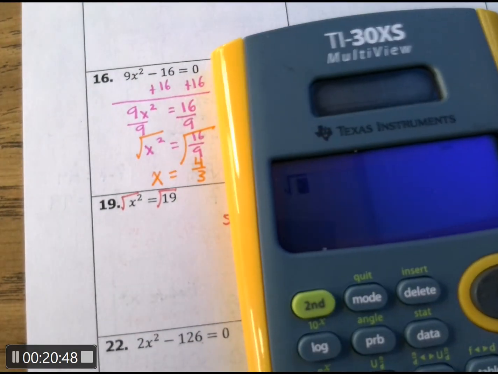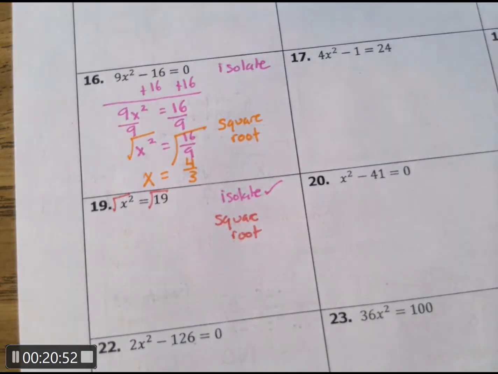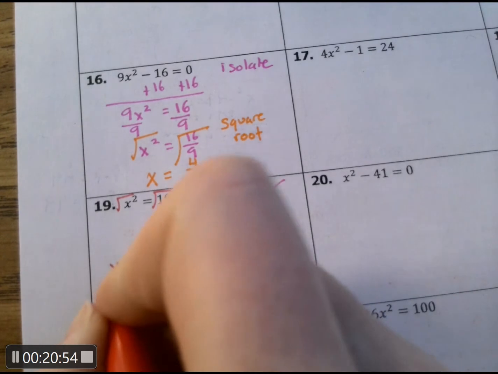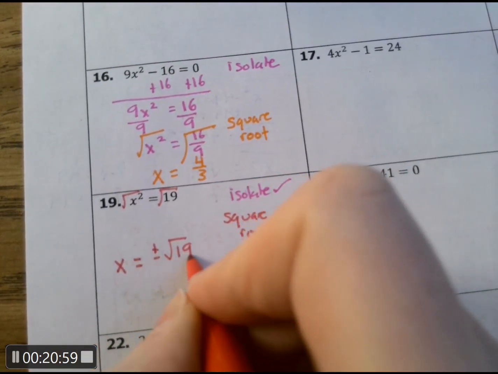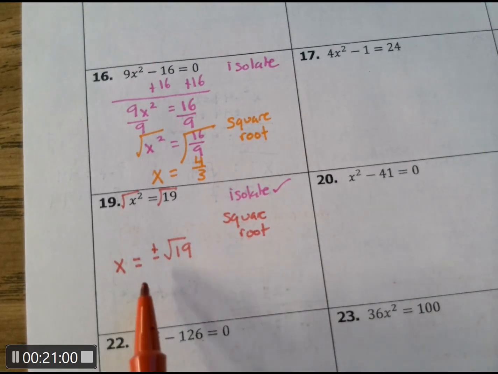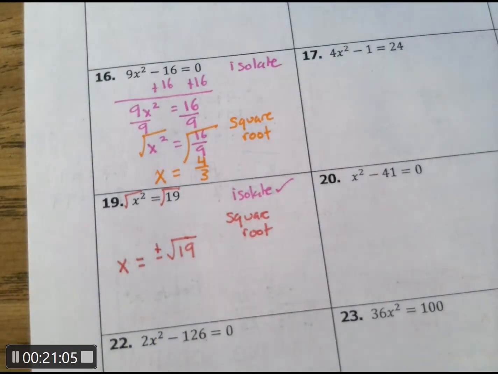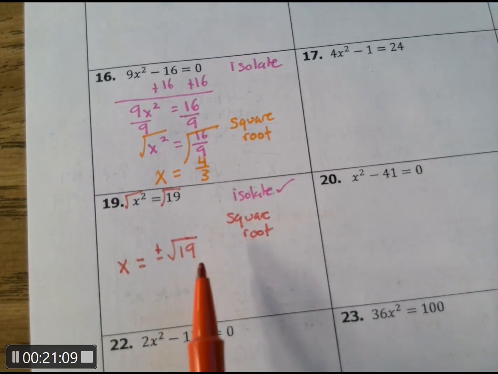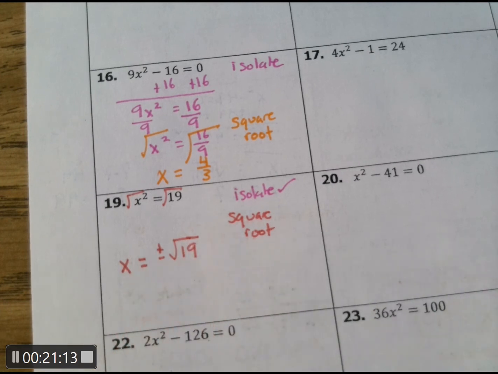So taking the square root of 19 is going to give us the square root of 19. And so we're going to be left with x equals plus or minus the square root of 19. That plus or minus does not go away just because we're left with square root of 19. Okay? It's still going to be that. And that's okay. That is 100% allowed. All right? And so you're going to get some answers like that.